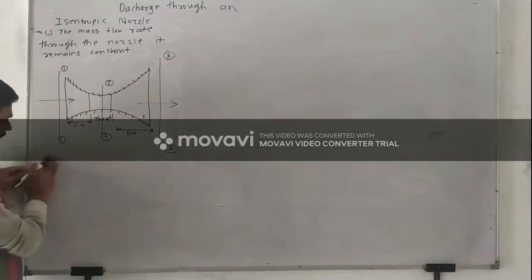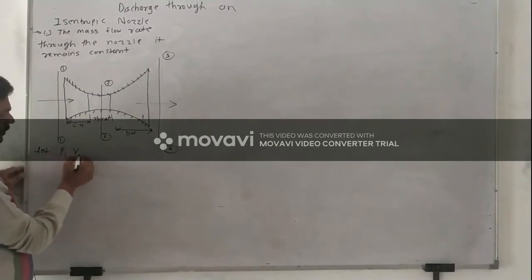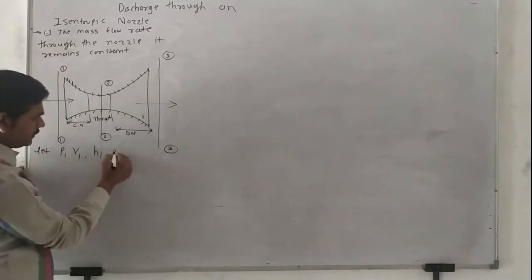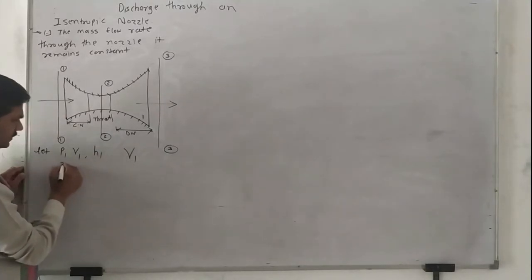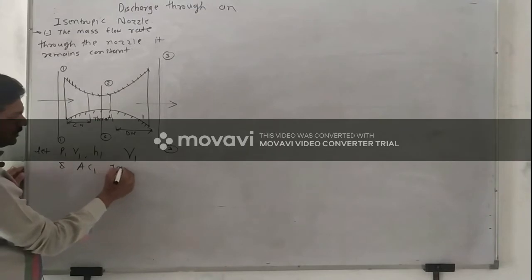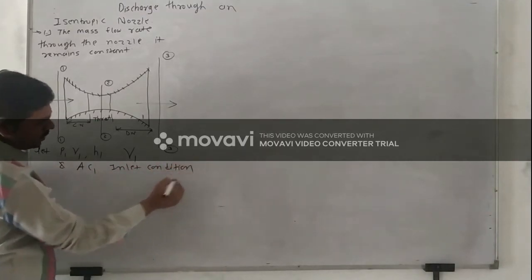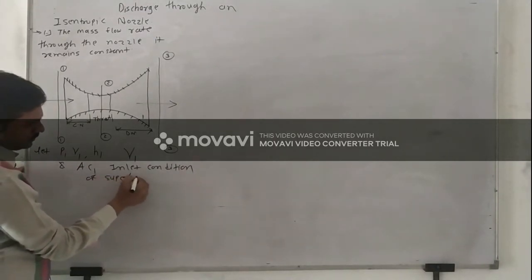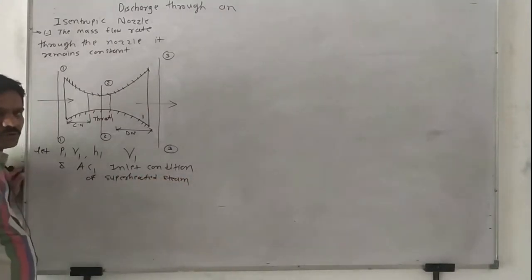Okay, so initially let P1, V1, H1, velocity V1 and cross-sectional area AC1 be the inlet conditions of the superheated steam. Yes or no? Yes.